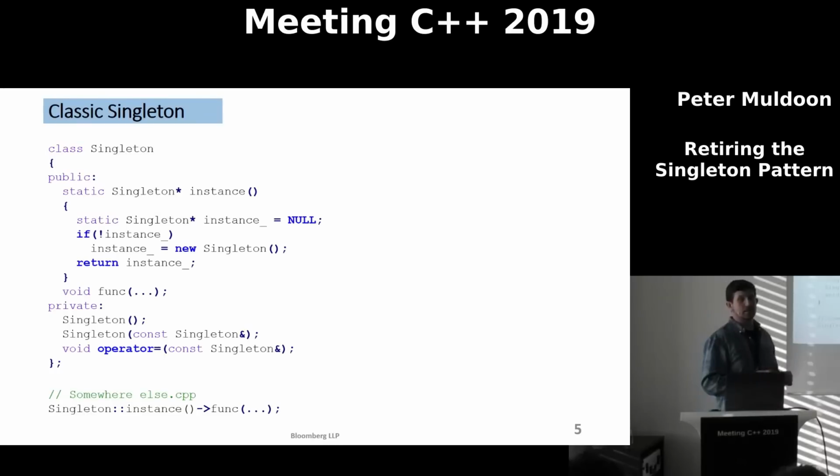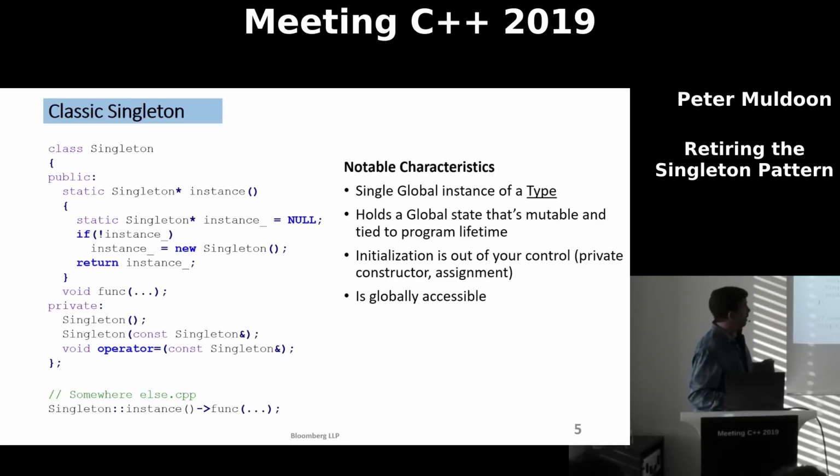So looking at the classic singleton, in case you've never seen it, this is an example of it. The notable characteristic of a singleton is that there is only a single global instance of this type, and that comes with the instance function. Now, this isn't set up for multi-threading. We'll get to that a little later.